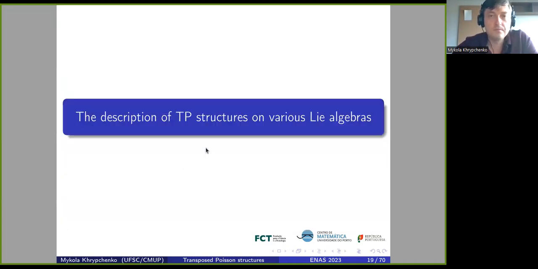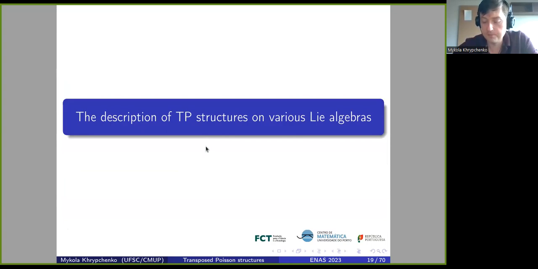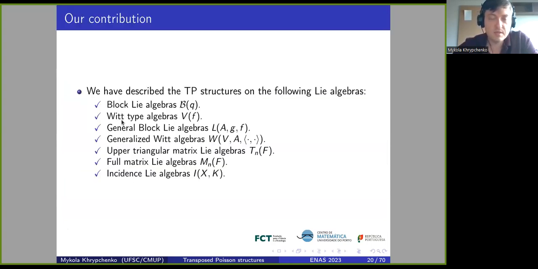Now let us pass to the second part of the paper, the main part of the paper, where I can give the description of TP structures on some classes of Lie algebras. So these are the Lie algebras that I'm going to consider. I'll start with block Lie algebras and then pass to weak type algebras, then general block Lie algebras.